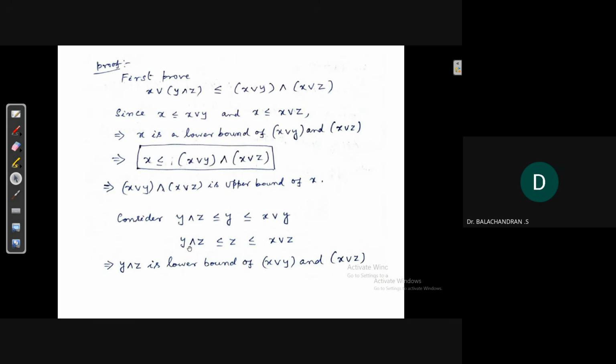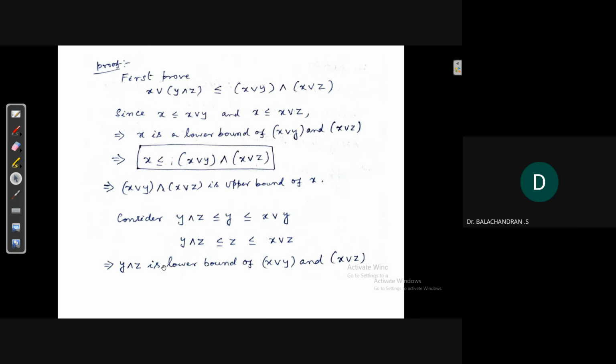Next, y ∧ z is less than or equal to z, which is less than or equal to x ∨ z. Here also the left side is the same, so this quantity is a lower bound of the right side quantities x ∨ y and x ∨ z.